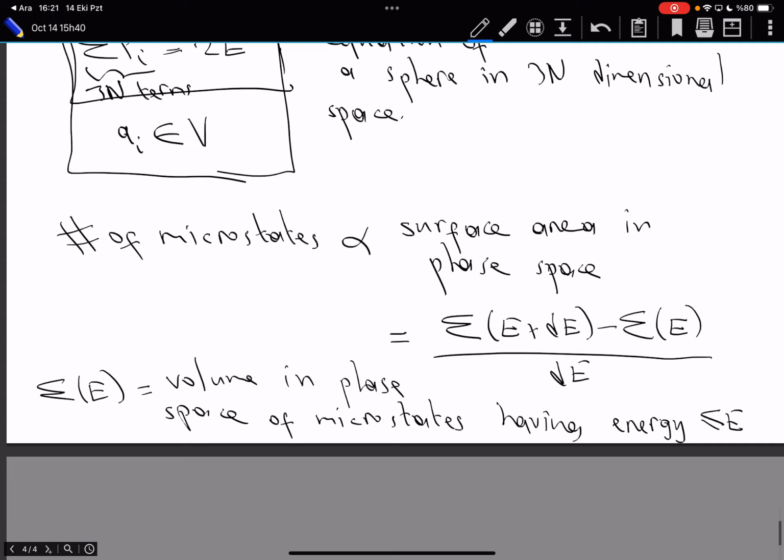But if I can calculate this one, then I can calculate the surface area. So I changed my problem from what is this surface area to what is this volume.